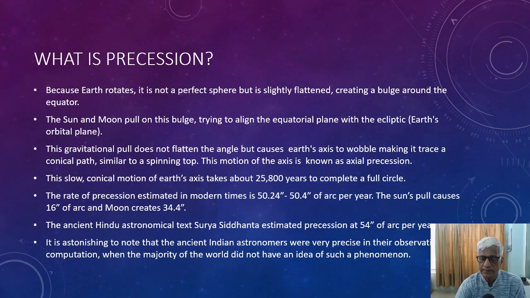And at the same time, it goes around the Sun in a period of around 365 days. The Sun also makes a movement with reference to the Earth at about 1 degree per day.